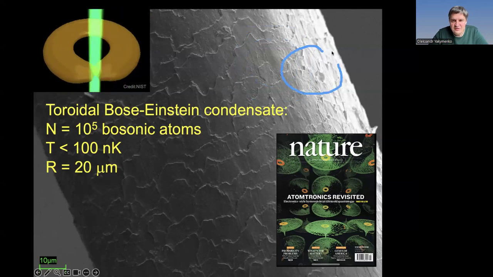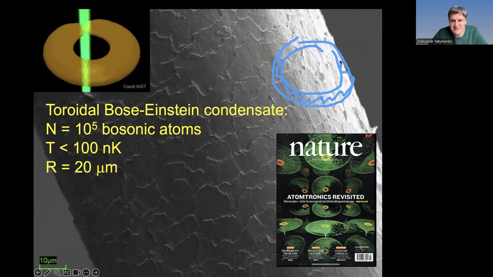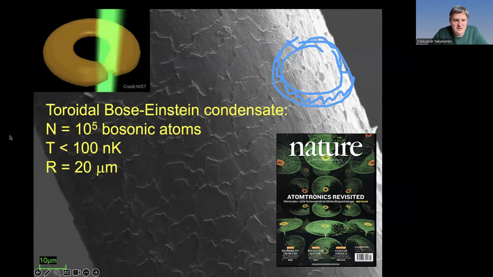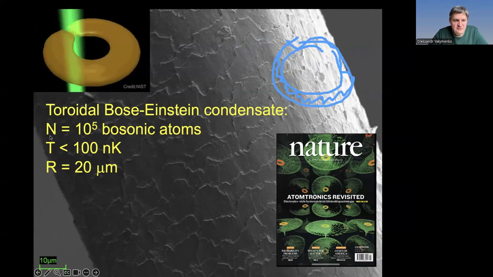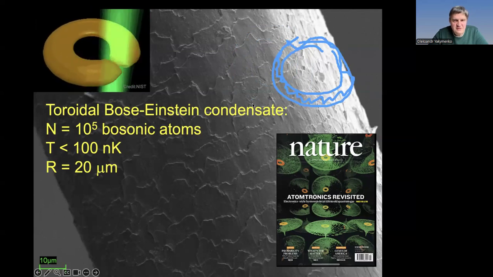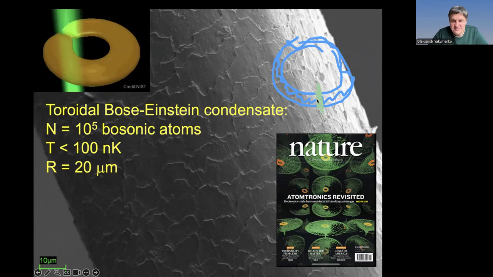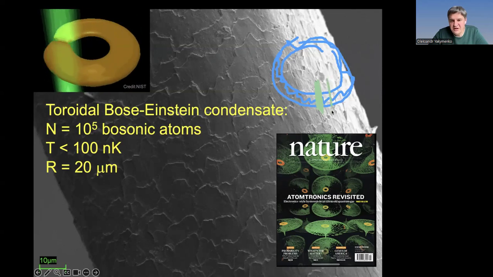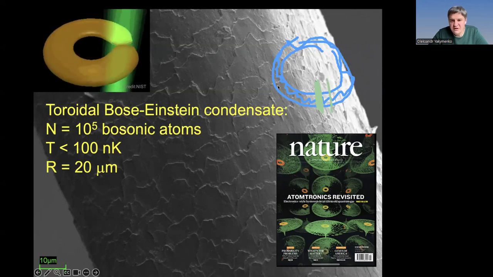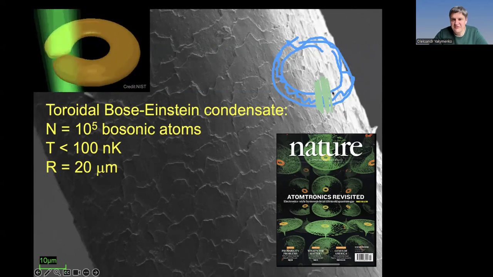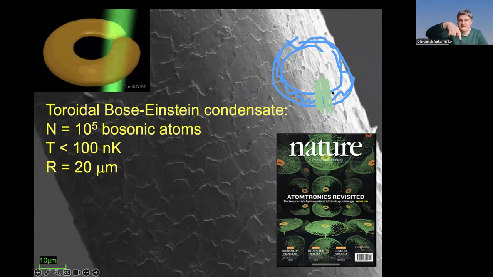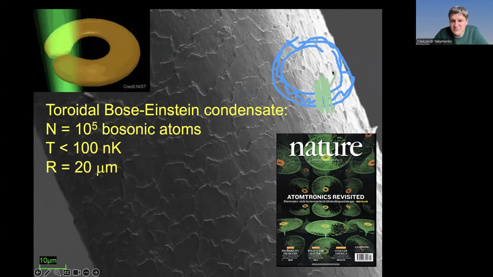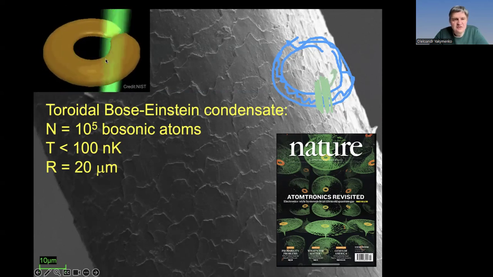So this is the toroidal condensate, which is trapped like this, and they use an additional laser beam like this, which scans in the radial direction with a high frequency, like 2 kilohertz. This is very fast in the radial direction. Simultaneously, it moves in the azimuthal direction, as shown in this movie.